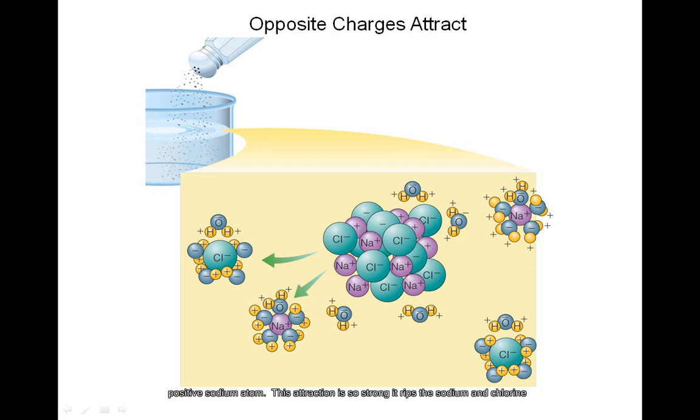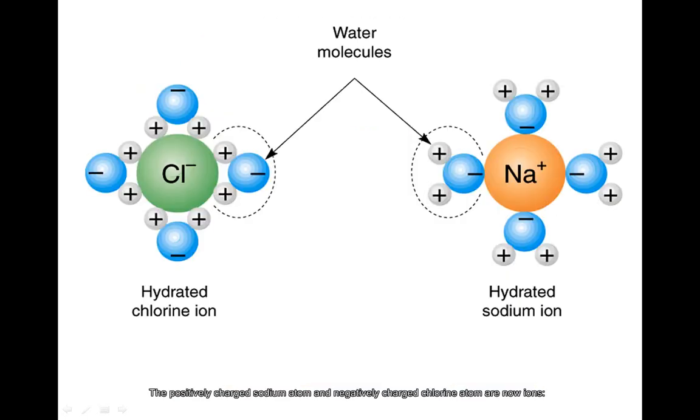This attraction is so strong it rips the sodium and chlorine atoms apart from one another, and this is what it means to dissolve. The positively charged sodium atom and negatively charged chlorine atom are now ions. Ions are atoms or molecules that are dissolved in water and carry an electric charge.